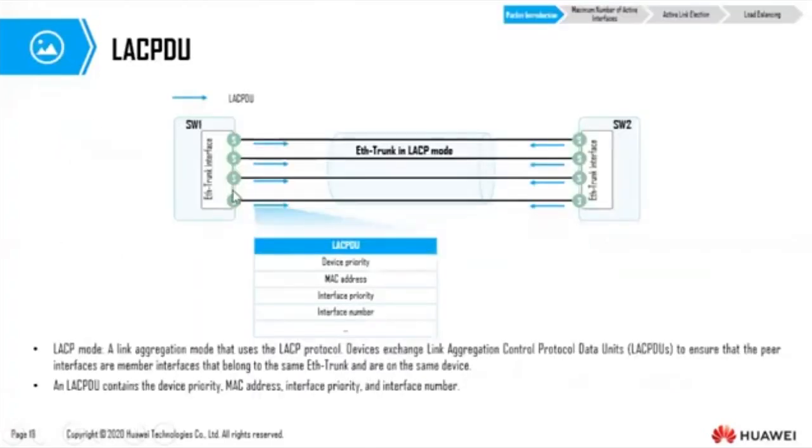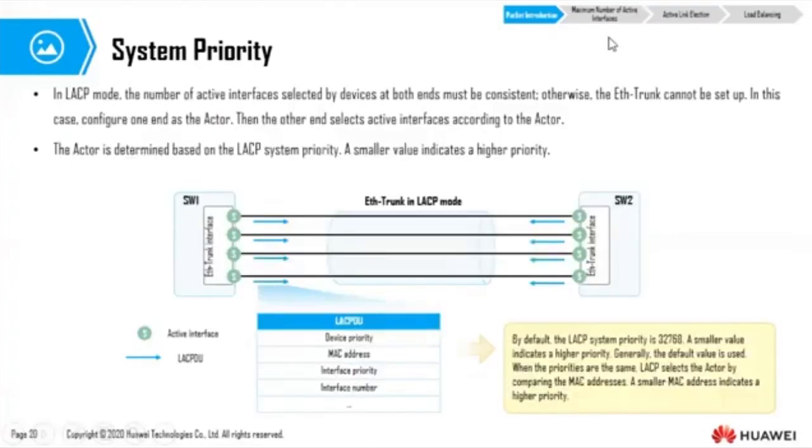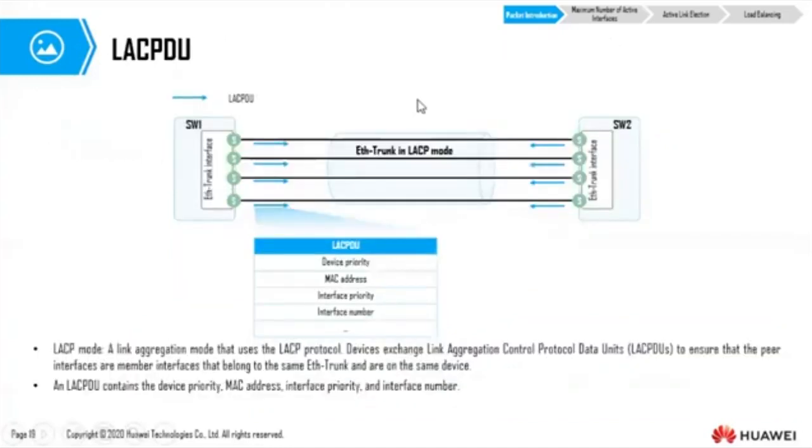So let's look at the other mode, which is LSCP mode. With LSCP mode, you're using the link aggregation control protocol to exchange packets between the devices, and they're going to automatically create an Ethernet trunk between them.